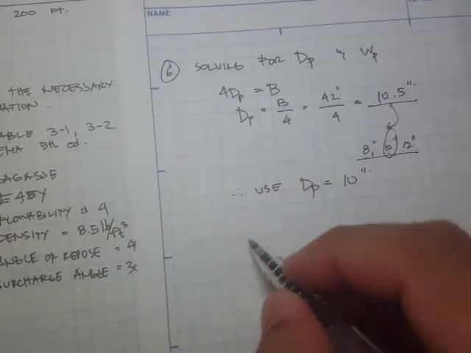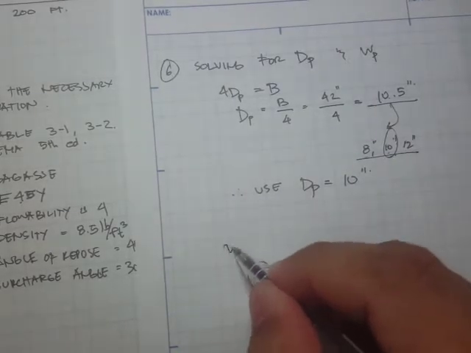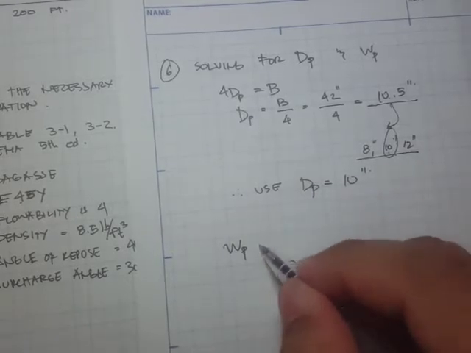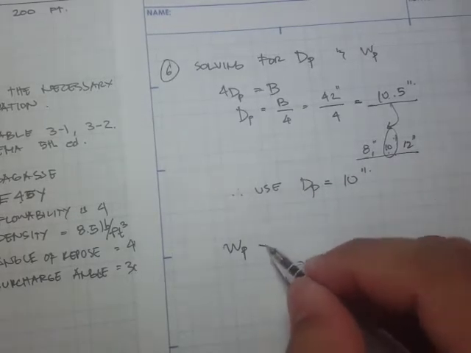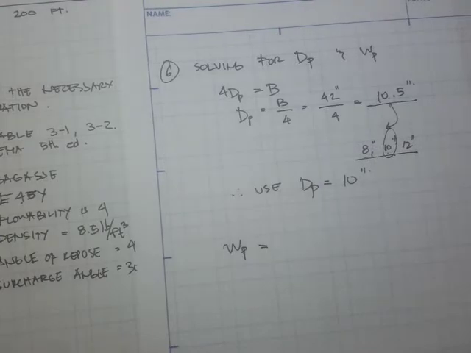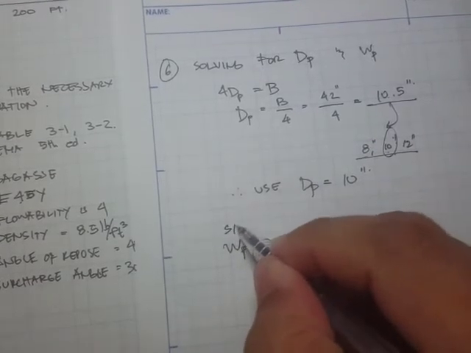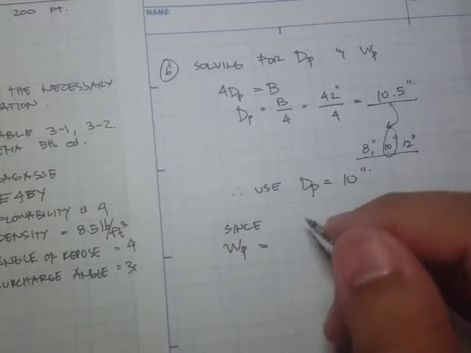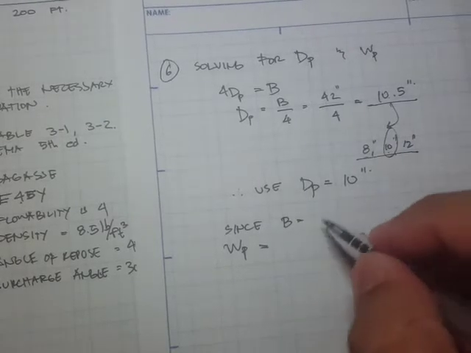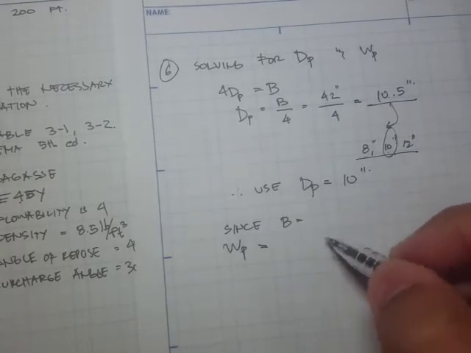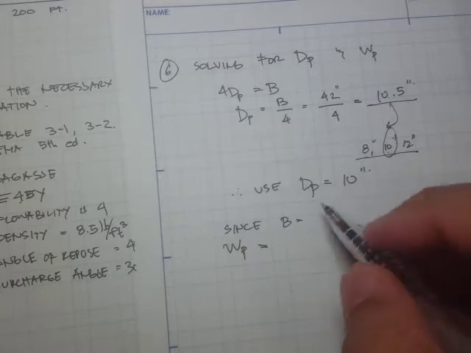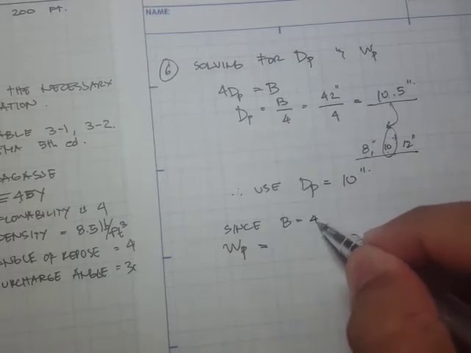Okay, so now we have this pulley diameter. Then the next step is to solve for the width of the pulley. First we have to determine the belt width, because that depends upon the allowance, or the spacing. So b is equal to 42 inches.